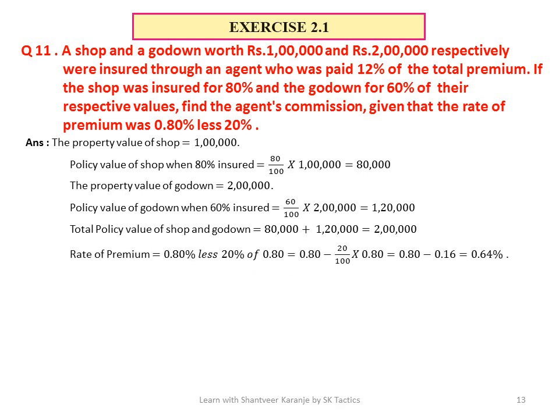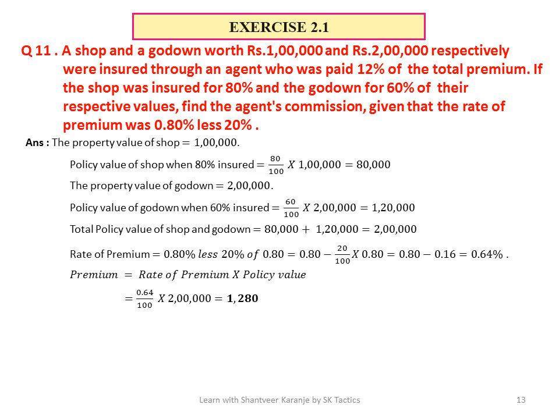Rate of premium, as we calculated in the previous question, is 0.8% less 20%. 20% of 0.8 is 0.16, and by subtraction we get 0.64%. So rate of premium is 0.64%. So premium is equal to rate of premium into policy value, 0.64% of 2 lakh, which is 1280.